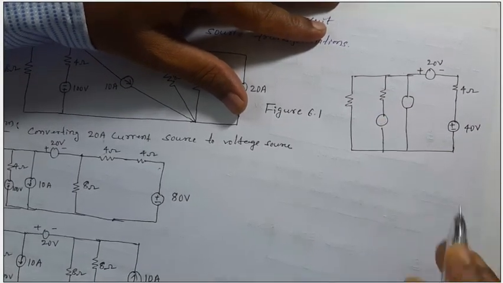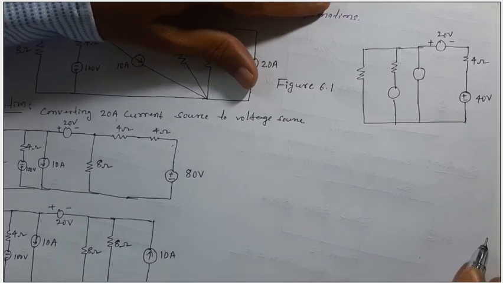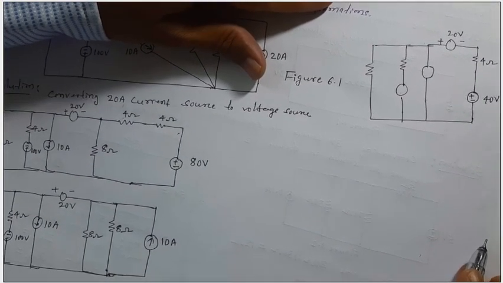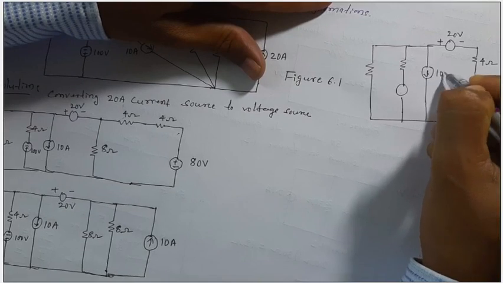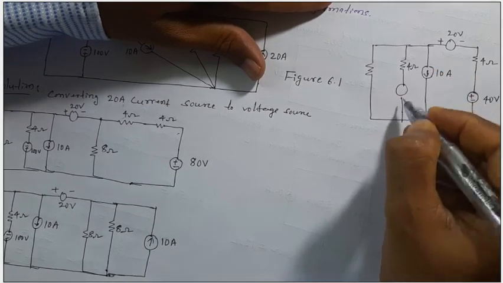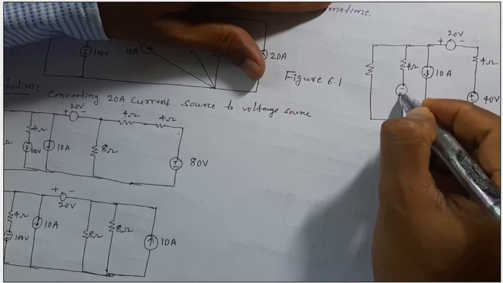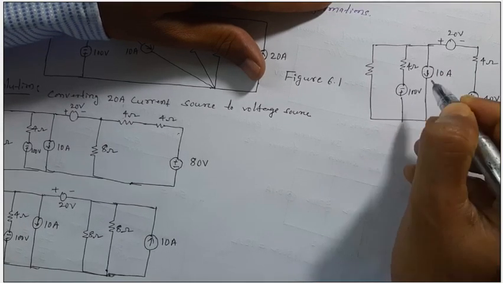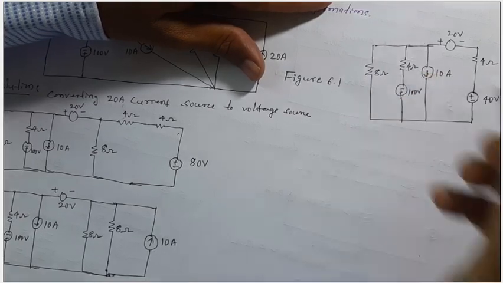Right, so this is the 10 ampere current source, this is 10 ampere, this value is 4 ohm and this is minus and plus 100 volts and this is 8 ohm.